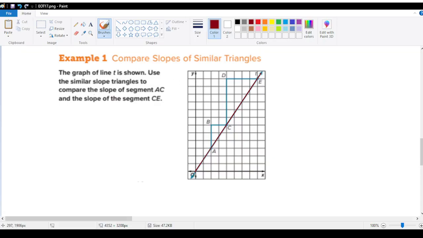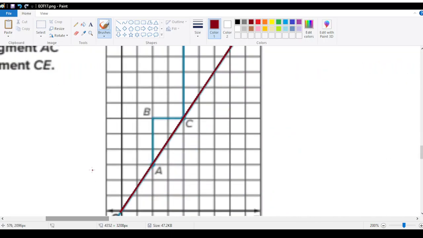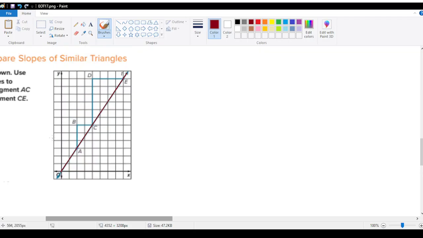Use the similar slope triangles to compare the slope of segment AC and segment CE. We talked about this before, but I'm going to remind you. Look here. We have two triangles as you can see. Can you see the two triangles? Okay, I'm going to color them so it will be more clear for you. This is the first triangle. I'm going to put it in orange.